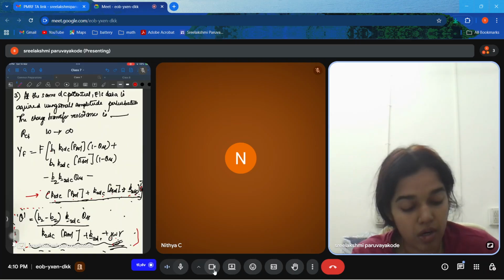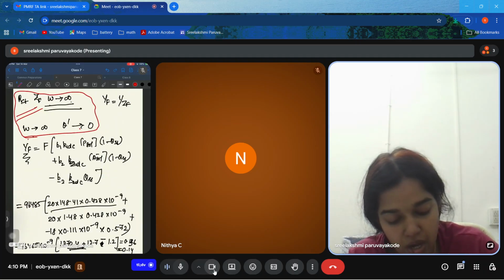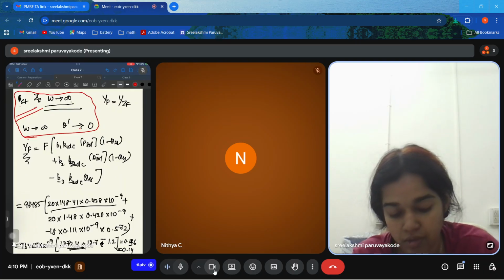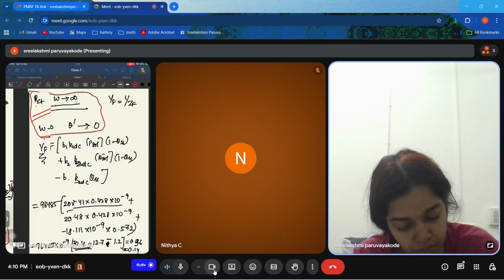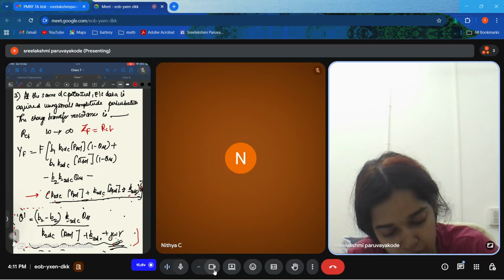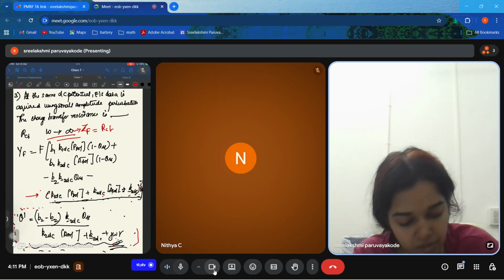First thing to understand is that when omega tends to infinity, that is at high frequency regime, whatever value of impedance you get, that is the value of RCT. So when omega tends to infinity, the value of ZF you get is RCT.